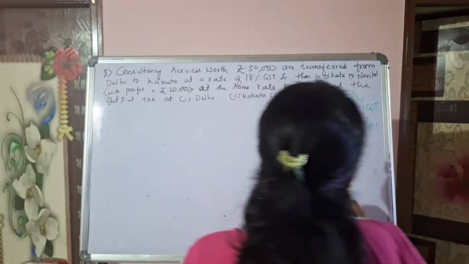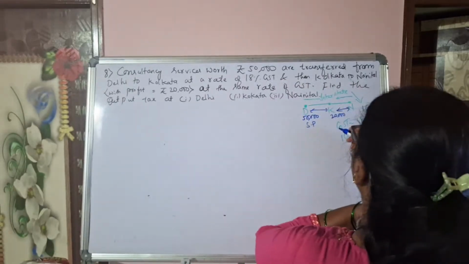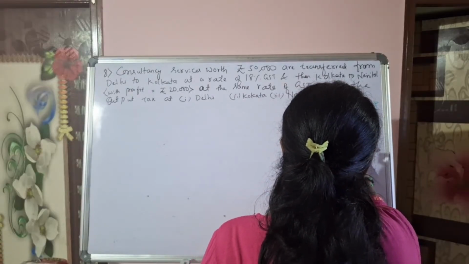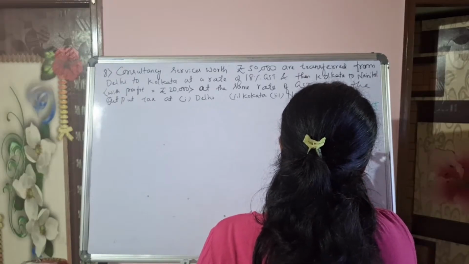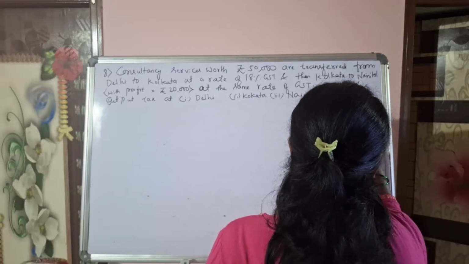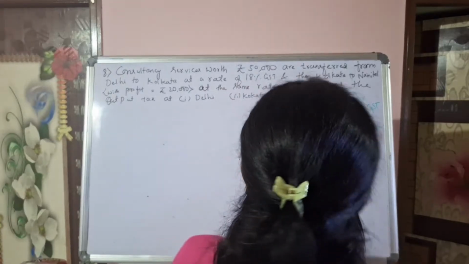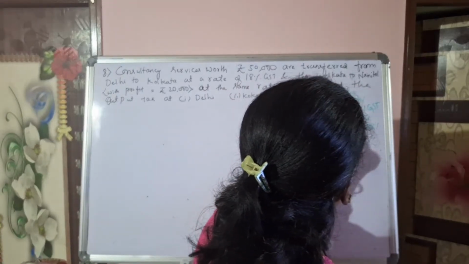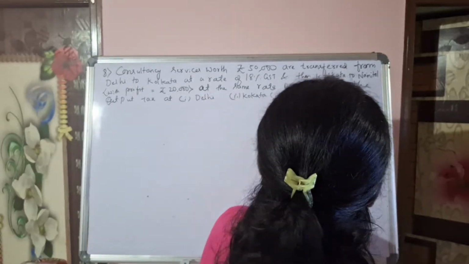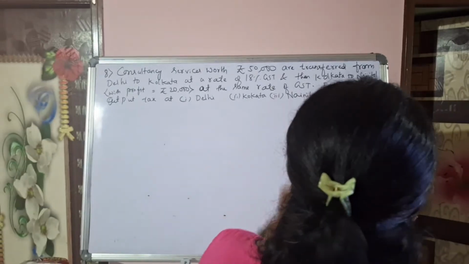Here the selling price of Delhi is 50,000 and the cost price for Kolkata is 50,000, and selling price is 50,000 plus 20,000 because the consultant has earned a profit of 20,000 by transferring the services from Kolkata to Nainital.